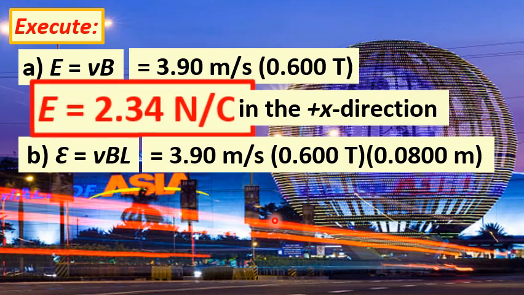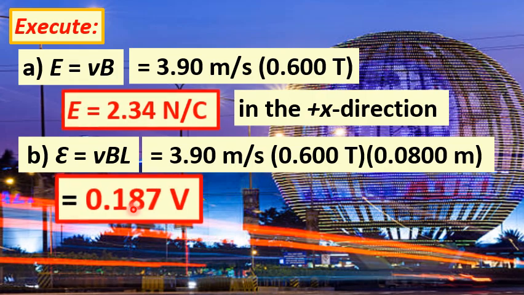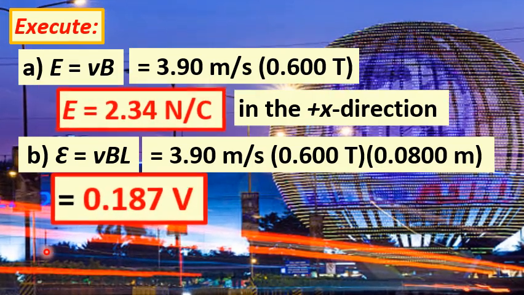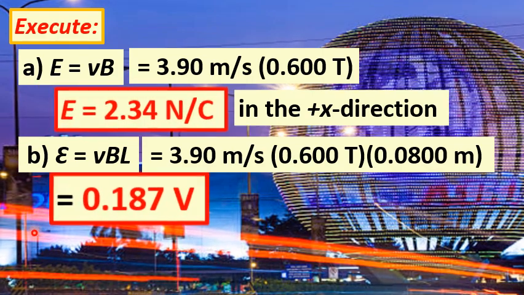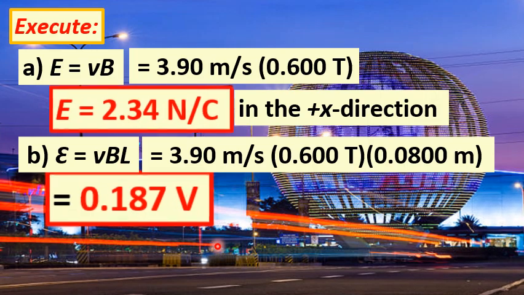When we do our math, we get the magnitude of the motional EMF epsilon equal to 0.187 volt.